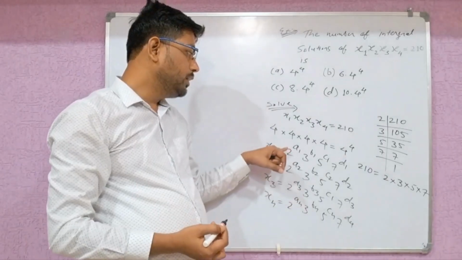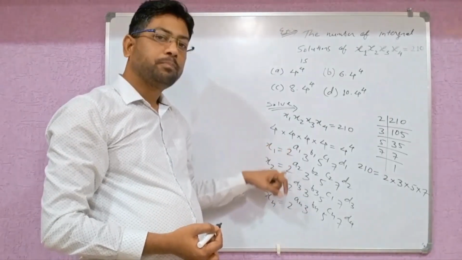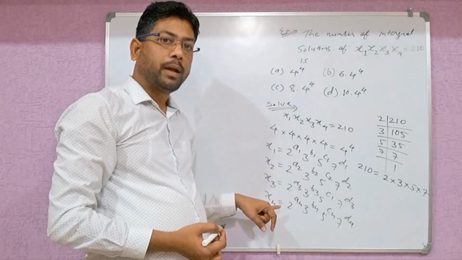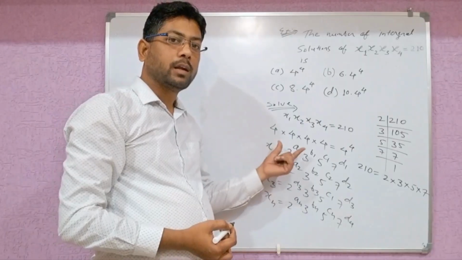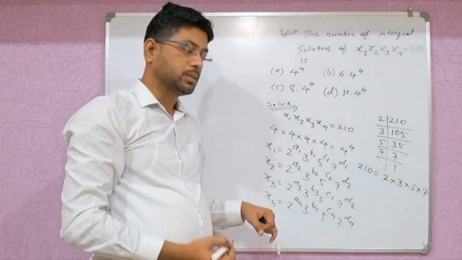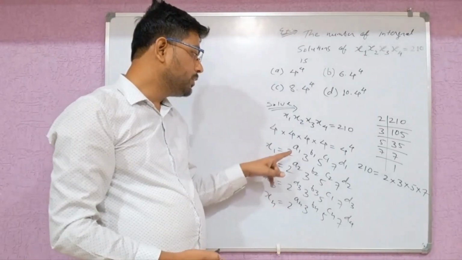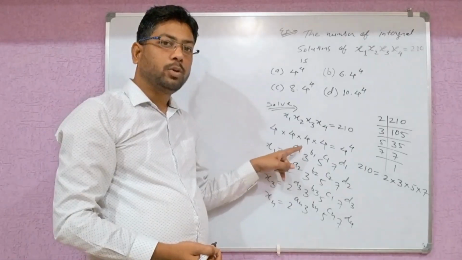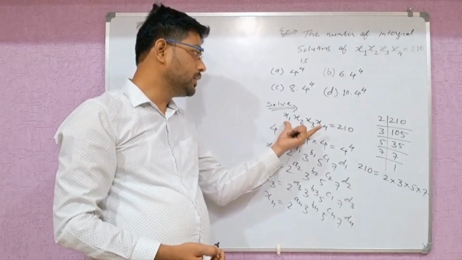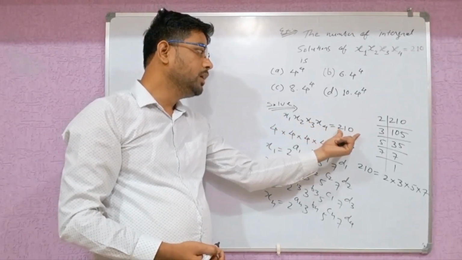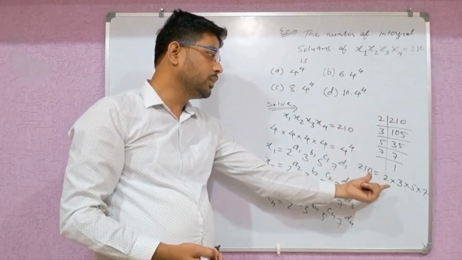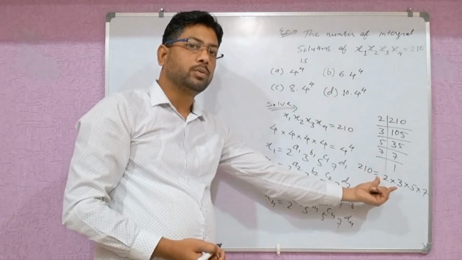Okay, so when all these factors of 2 are multiplied, if the base is the same, the powers are added in the multiplication. So the power of 2 will be a1 plus a2 plus a3 plus a4 in the left hand side, and the right hand side 210 can be written as 2 into 3 into 5 into 7.